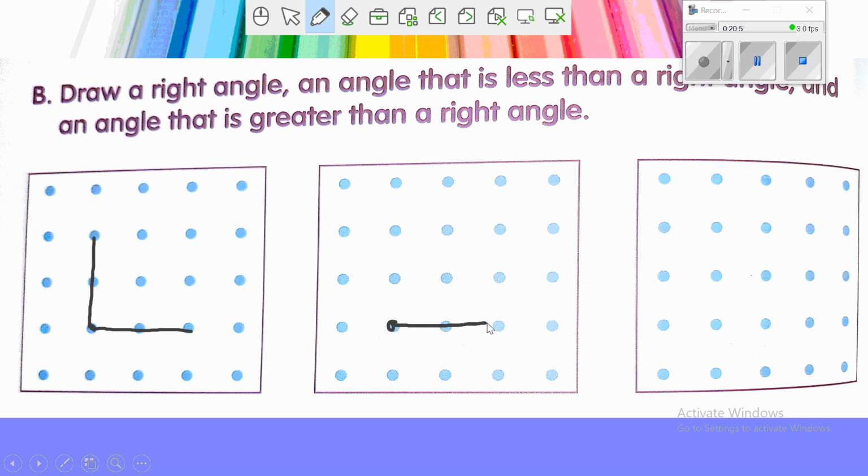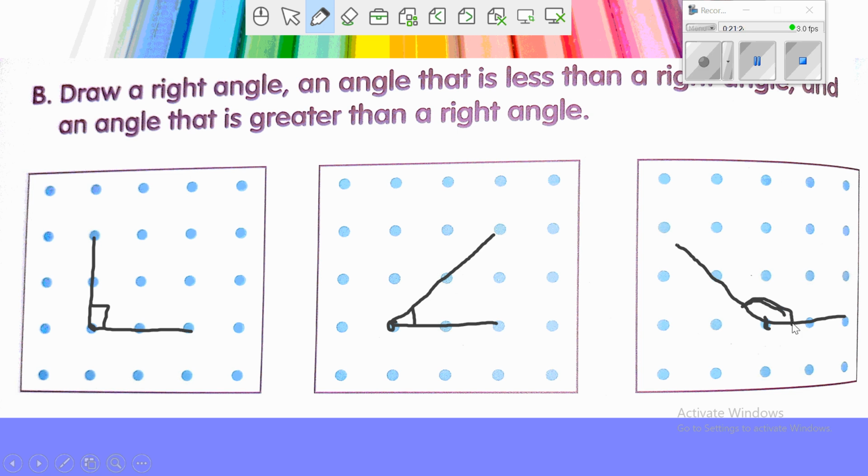The right one should be exactly like this. Again, I make my vertex and the first side. The acute should be less. Then I make my vertex and draw the first side. The obtuse will be greater than the right. So this is the right, it is acute, and it is obtuse.